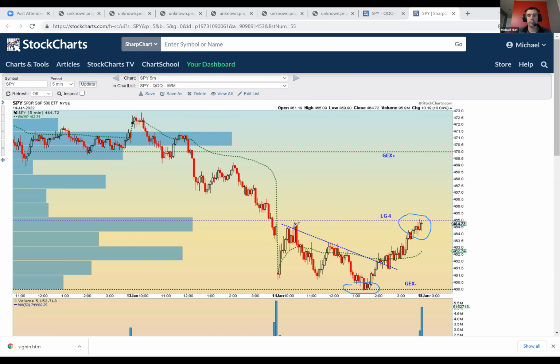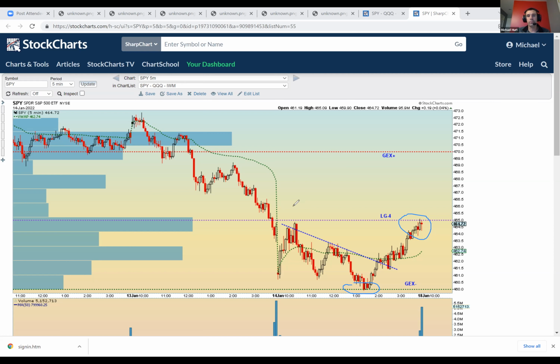Yeah, and one thing I do want to point out into the morning is, if we would not have seen this rejection reaction and we had recaptured this LG -4, then the path of least resistance obviously would be up, towards this GEX plus, and the dealers would have to make a decision and react at that point. And they may have been offsides. That's just kind of a thesis, but they may not also.